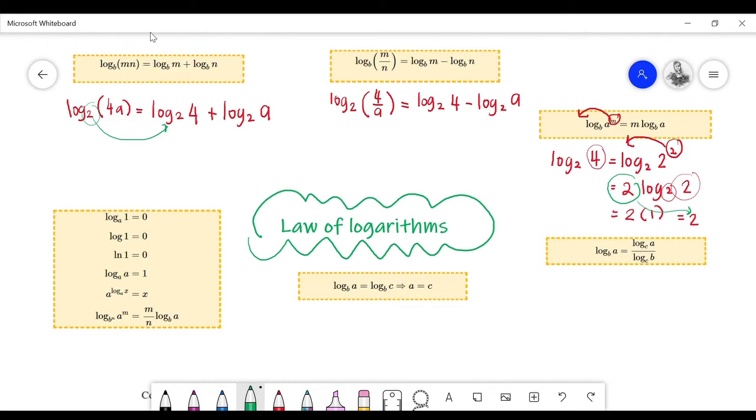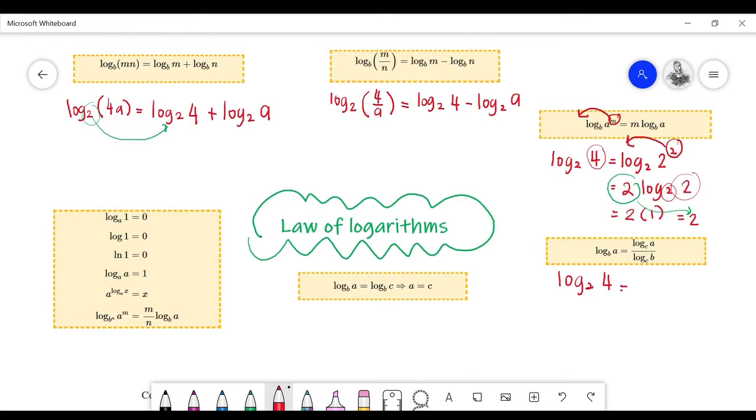Now next example, we can change the base. For example, you want base 10 because it can be calculated by using your calculator. So how to do it? For example, you have the same example, log base 2 of 4.